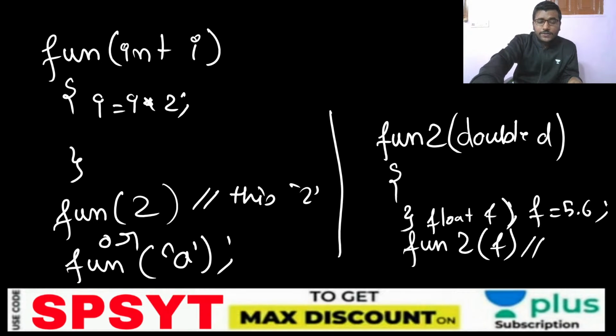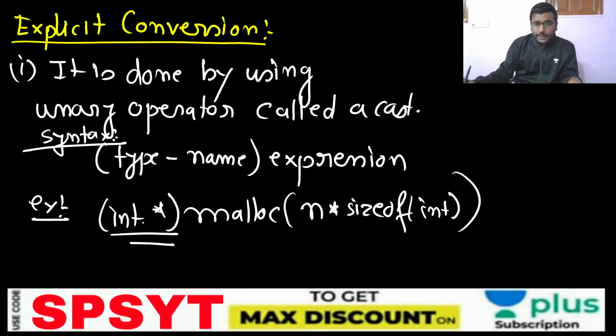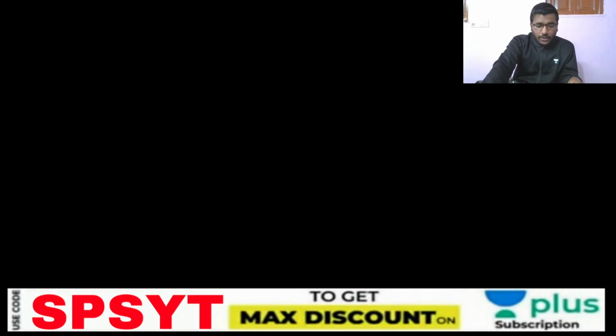Now see, this you have seen: with explicit int star, by using this type casting you are doing explicit conversion. Now, the precise meaning of a cast is as if the expression were assigned to a variable of the specified type, which is then used in place of the whole construction. Okay, so with an example I will explain. This point is very important.